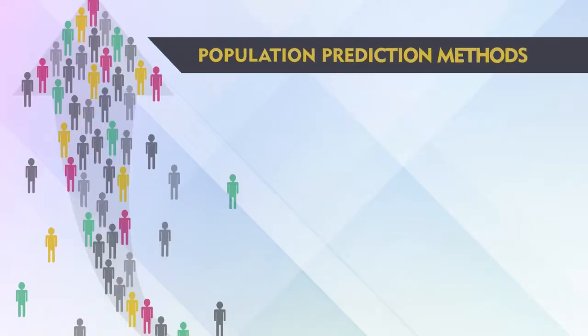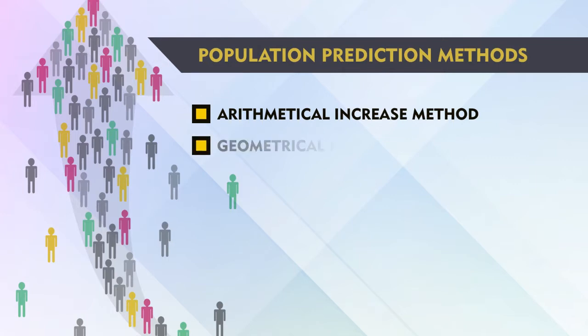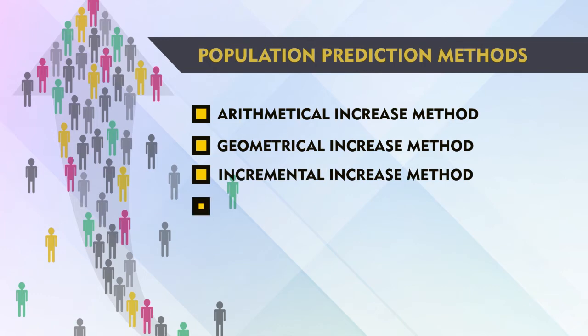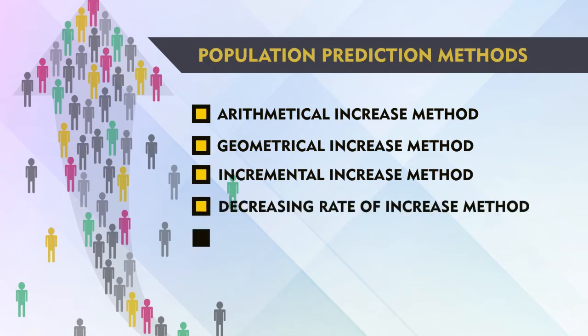So there are the following methods to forecast the population for planning of any water supply scheme: arithmetical increase method, geometrical increase method, incremental increase method, decreasing rate of increase method, and logistic curve method.